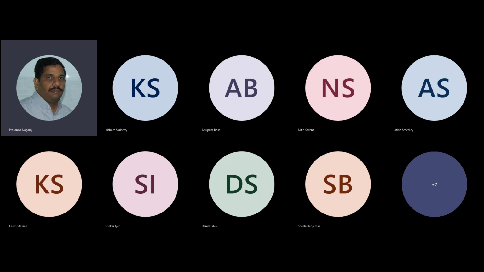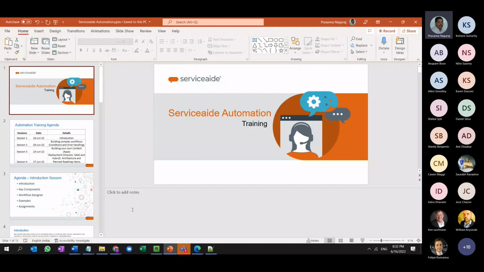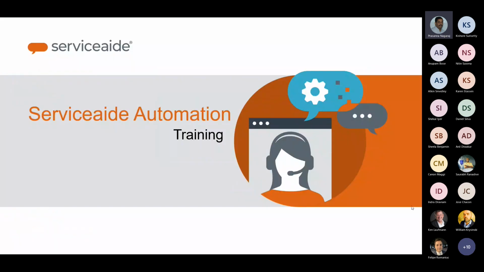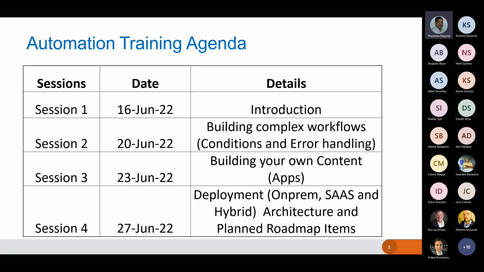So we will go with the initial introduction to the automation, and we will cover the basic introduction, then out-of-the-box content, and then how to build a simple workflow, what components are involved in building the workflow, what the prerequisites are, and then how we can execute them or integrate with Luma.